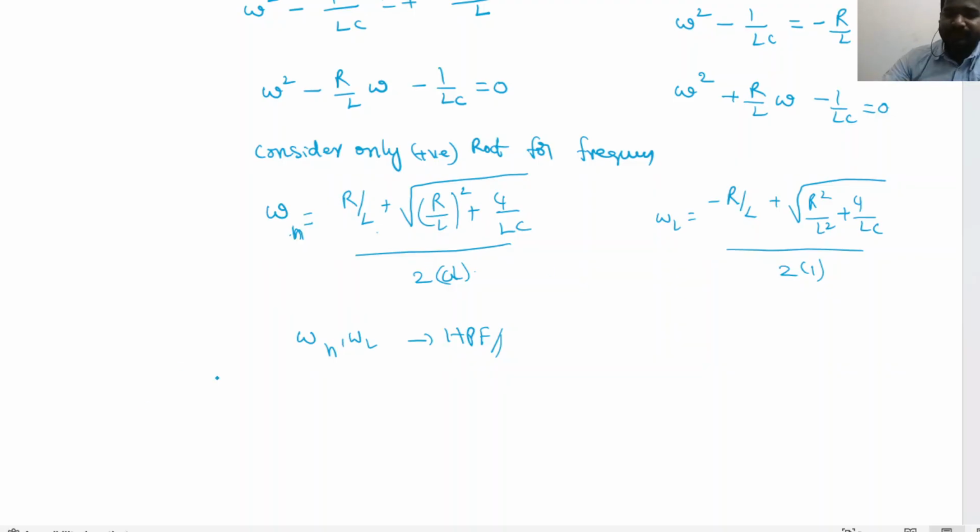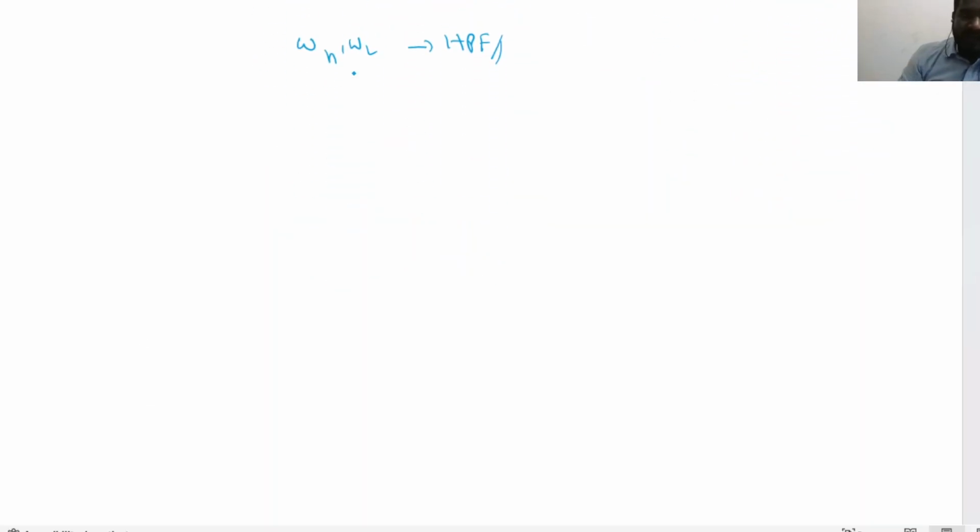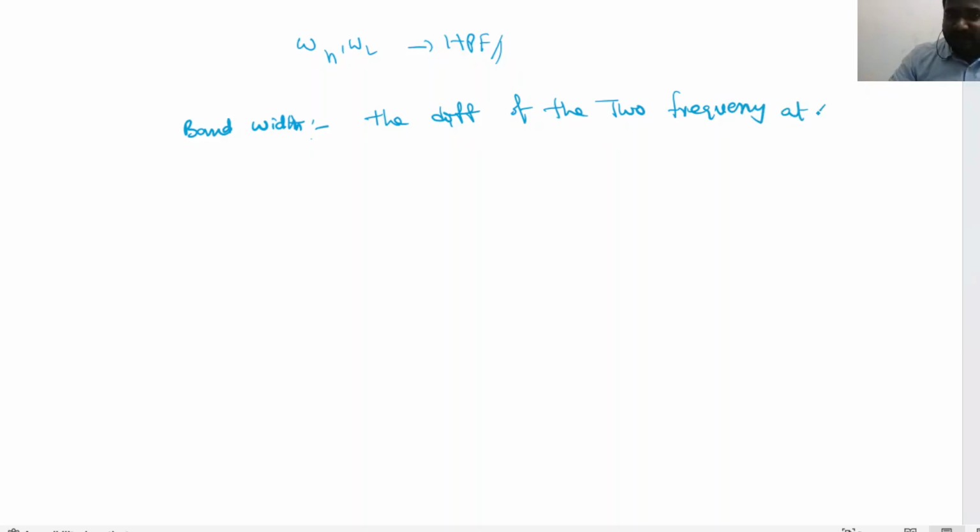Now bandwidth is, so now you can take bandwidth. The bandwidth is the difference of the two frequencies at half of the maximum power.